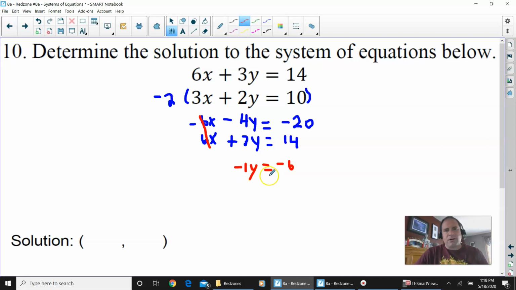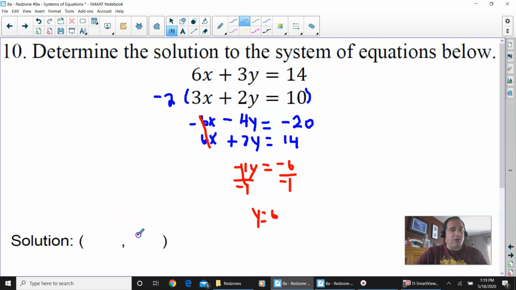So it's negative y equals negative 6, because negative 20 plus 14 is negative 6. Divide by negative 1 on both sides, and you get y equals 6. So y equals 6 is your answer for y, your value.